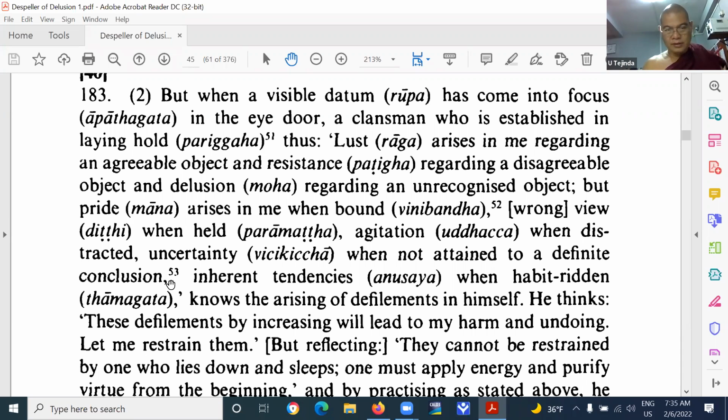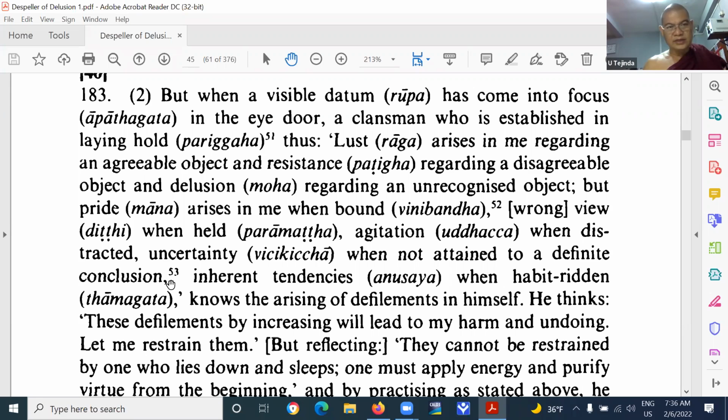Tamagatassa anusaya upanno. Tamagatassa, inherited with habit. That means where he sees something, he has a strong tendency. So so pubbe tato kulaputto attano kilesa upadhinitva. So when he sees something, loba, dosa, moha, mana, ditthi, those defilements arise in him.